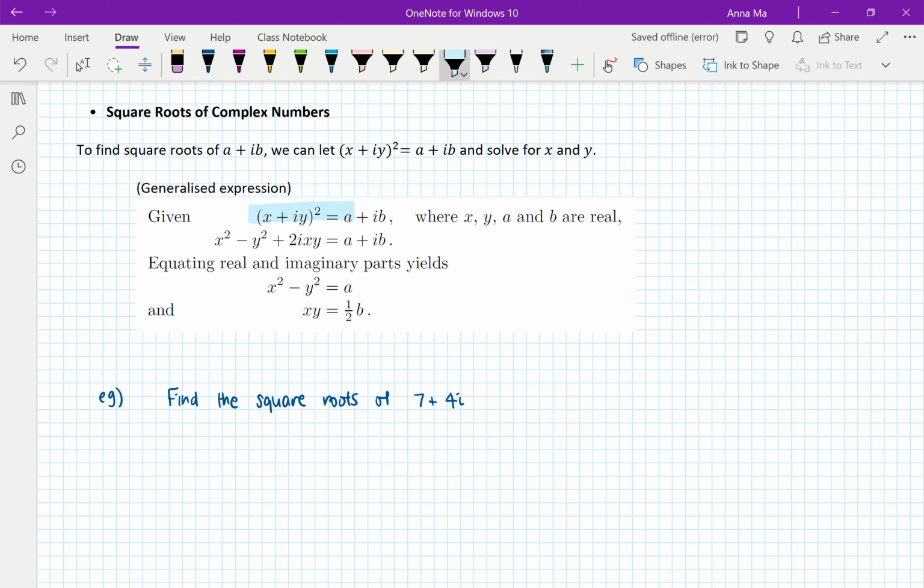So starting from this method, we can expand the left-hand side to get this expression, and we can equate the real part and the imaginary parts, because if we are saying that these two expressions are equal, then we should have the real parts, so the parts without the i, equal to each other, and the part with the i equal to each other as well.